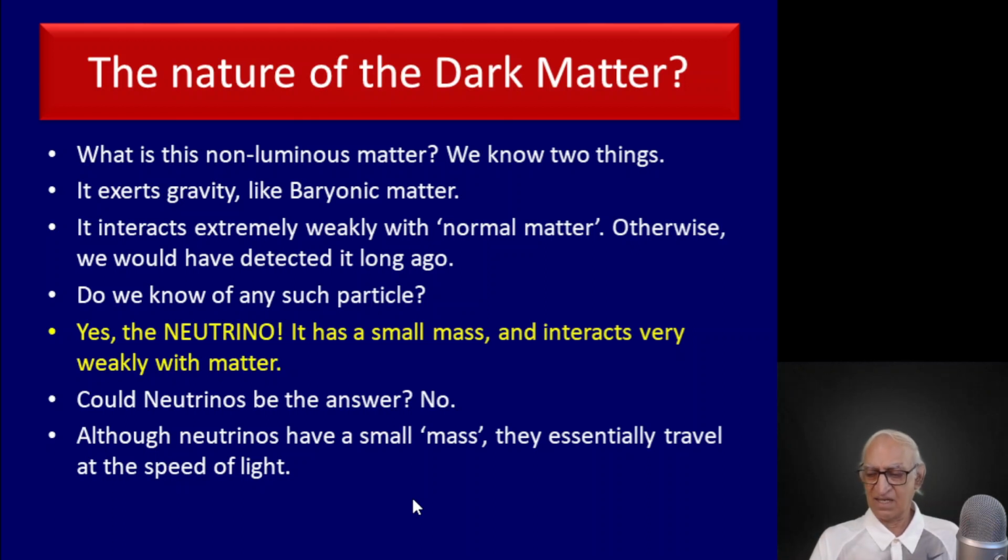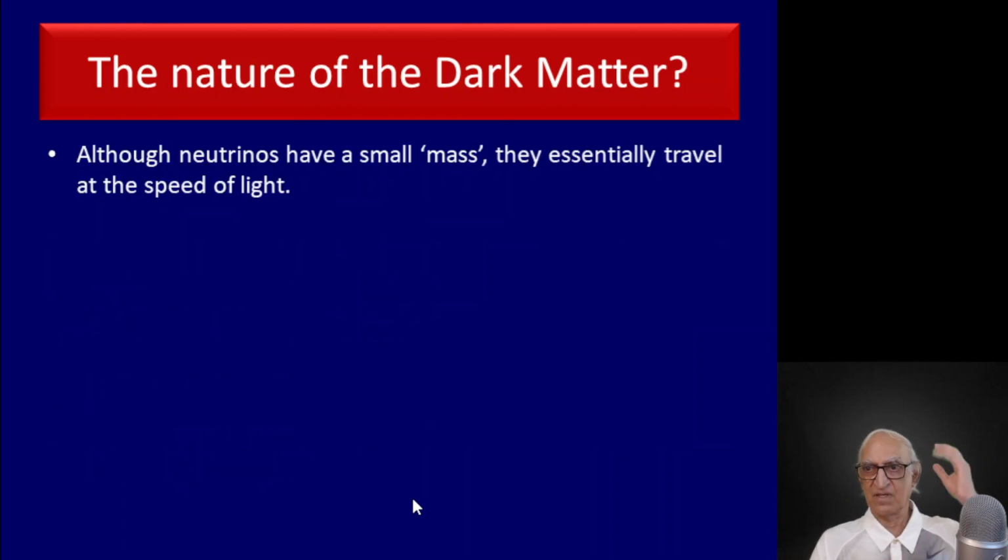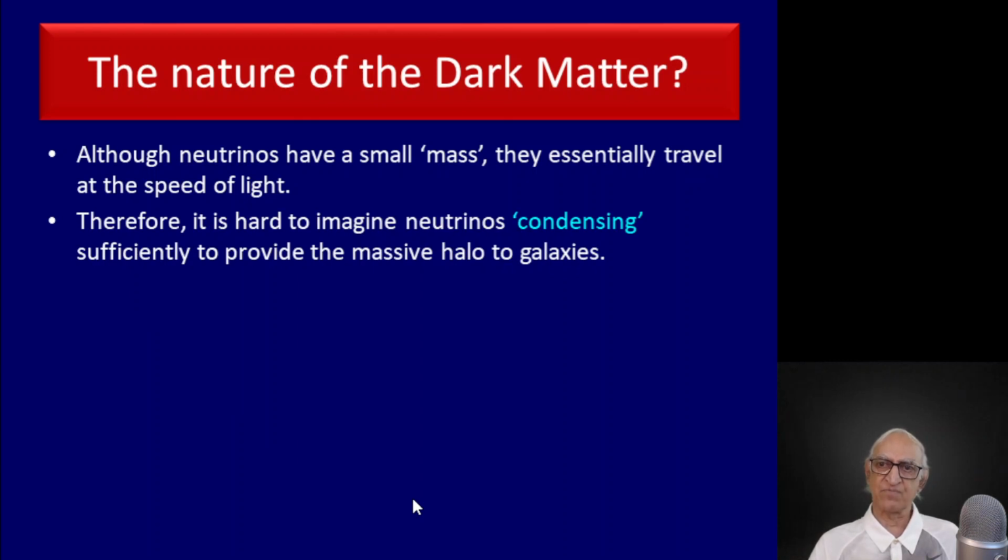Well, this idea that the dark matter in the universe consists of small mass particles which interact very weakly like neutrinos, but which move essentially with the speed of light, had to be discarded. Because although the neutrinos have a small mass, they essentially travel at the speed of light. Therefore, it is very difficult to imagine neutrinos condensing to small lumps of the size of galaxies.